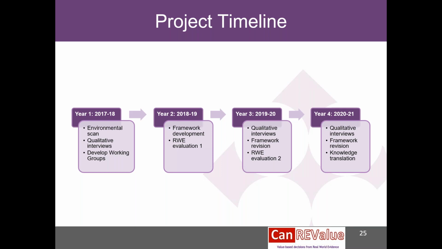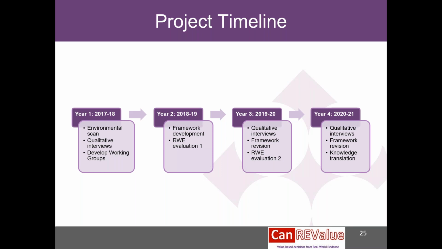The plan is to start off with an environmental scan to understand the landscape of RWE both in Canada as well as other jurisdictions, and also to conduct a qualitative interview study to understand the different perspectives of the stakeholders, especially in Canada, and then develop different working groups with the view to develop the different aspects of the framework and hopefully then piece them together to have a more organized and continuous framework.